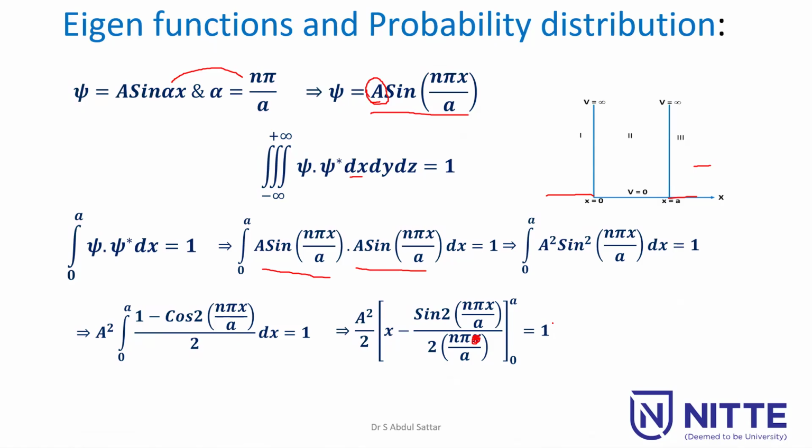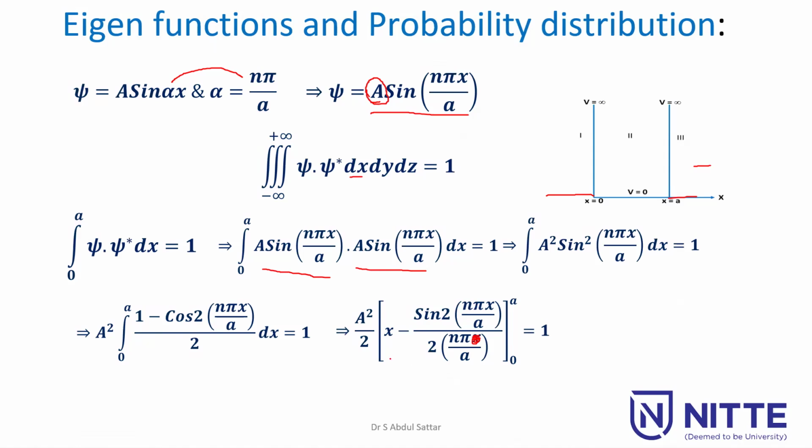So now we are applying the upper limit a first. If you put x equal to a here, a will cancel, then sin 2 n pi equal to 0. So that it becomes x minus 0. If you apply the lower limit 0, this term becomes 0, and at x equal to 0, sin 0 is 0.